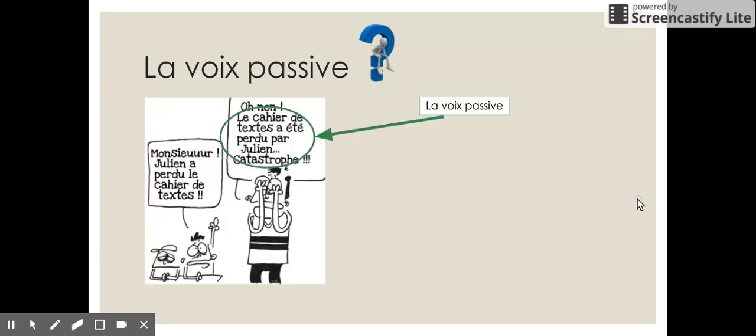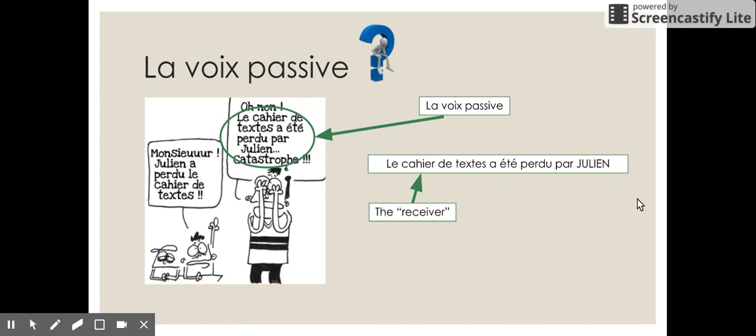Regardez bien la voix passive. Le cahier de texte a été perdu par Julien. The receiver is now the subject of our sentence. It's receiving the action of the verb still, but it's now the subject of our verb. Le cahier. The action is still perdu.